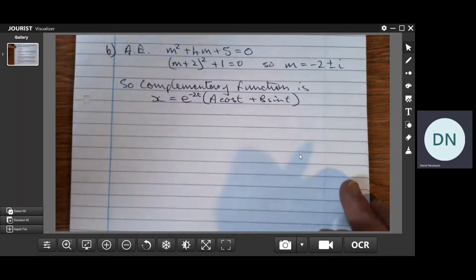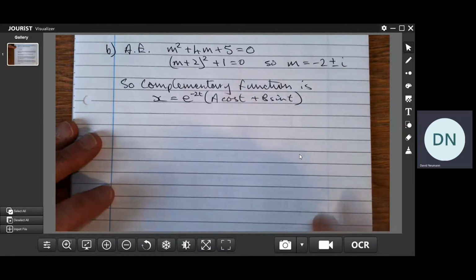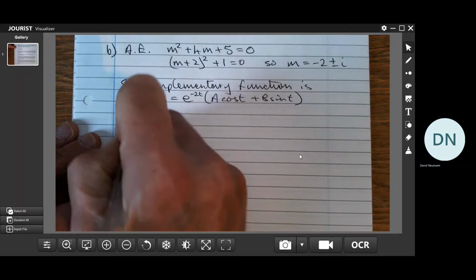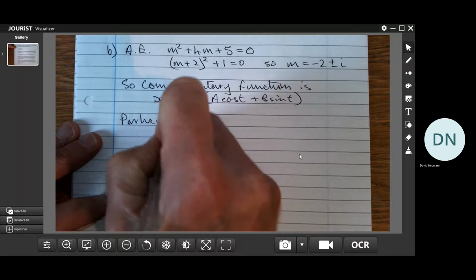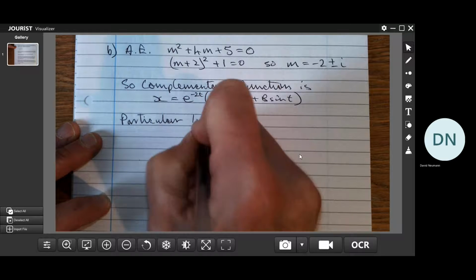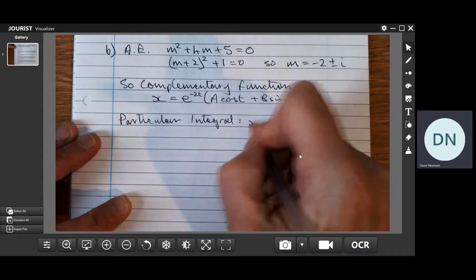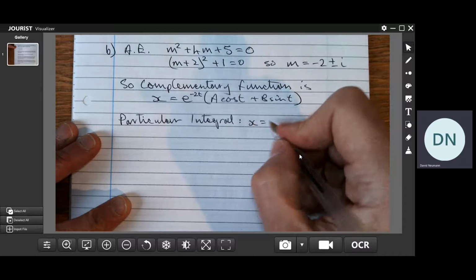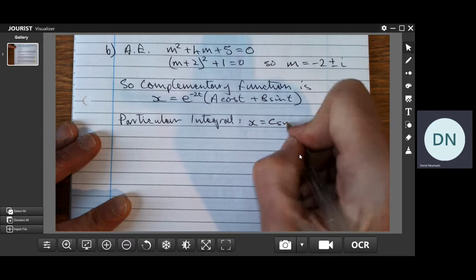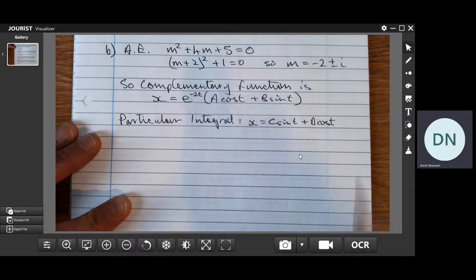Right, we now need a particular integral for our function. So the particular integral is going to be in this form, x is equal to c sin t plus d cos t.